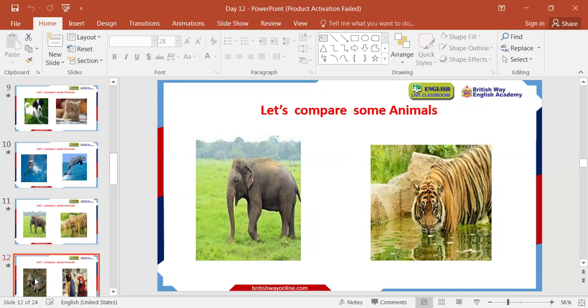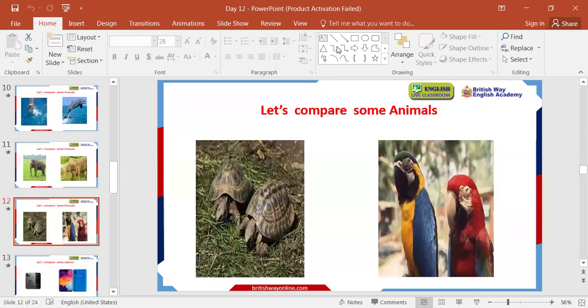Okay, tortoise and the macaw. Macaws are more beautiful than tortoises. You can't say beautiful, it's more beautiful. Macaws are more expensive than tortoises.